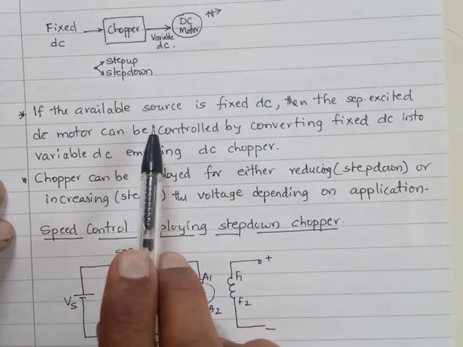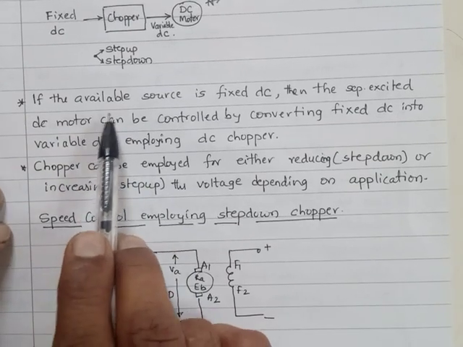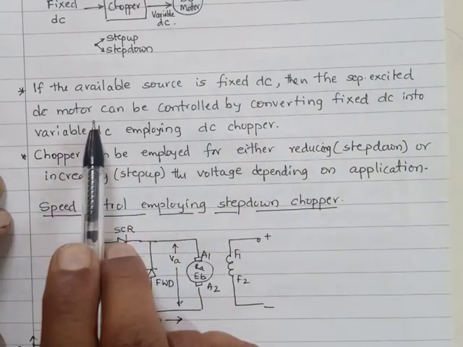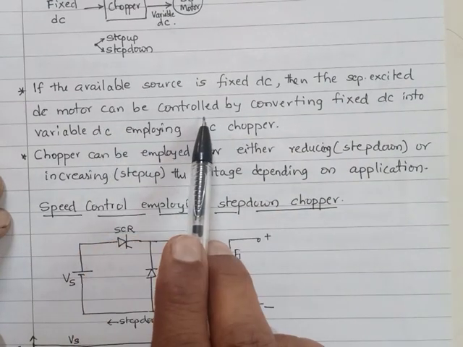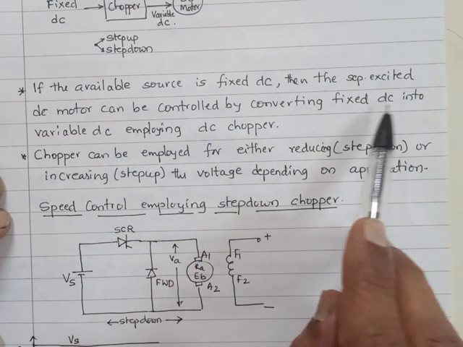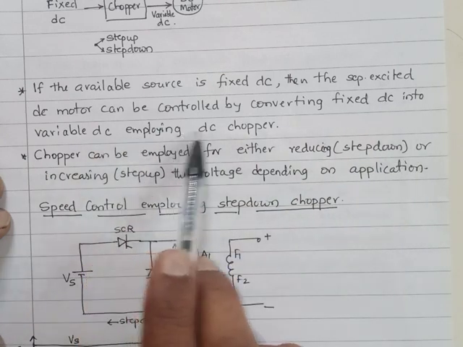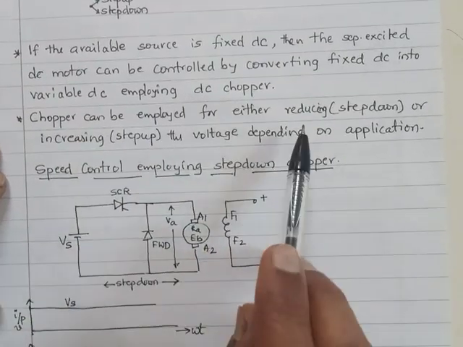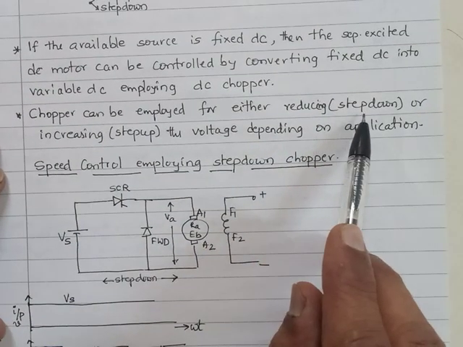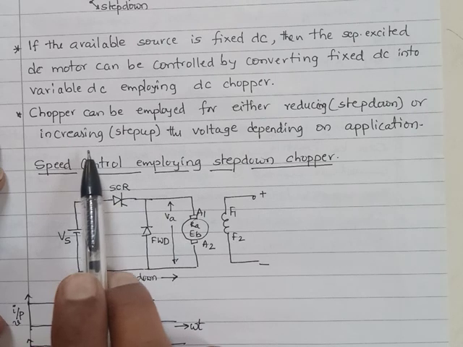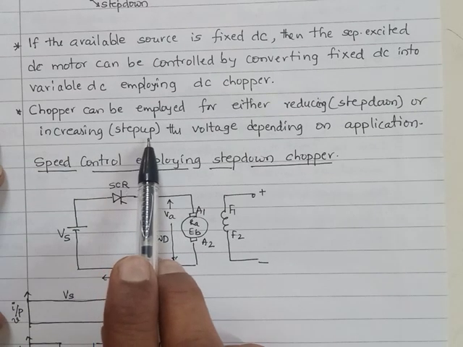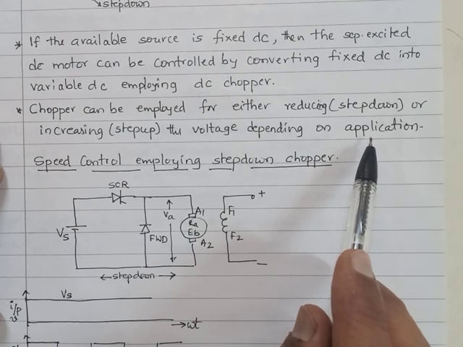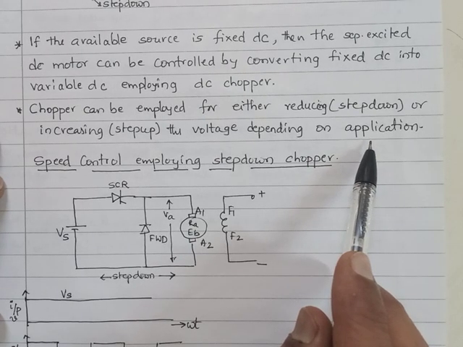So, put it systematically, if the available source is fixed DC, then the separately excited DC motor can be controlled by converting fixed DC into variable DC employing DC chopper. The chopper employed can be either reducing the voltage, called step down chopper, or increasing the voltage, called step up chopper, depending on what application we would like to have, what performance we would like to have from the electric motor.